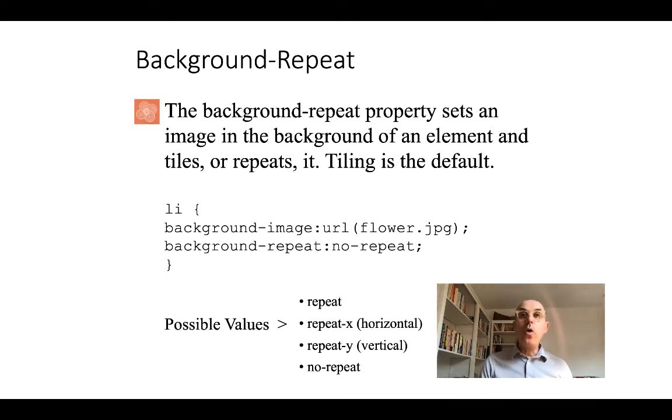We can also do a repeat background to all the pages in our website for consistency. So possible values, we can use horizontal, we can use vertical, or we can use no repeat. So in this page, there will be no repeat of the background.